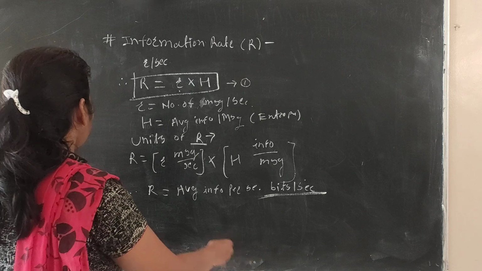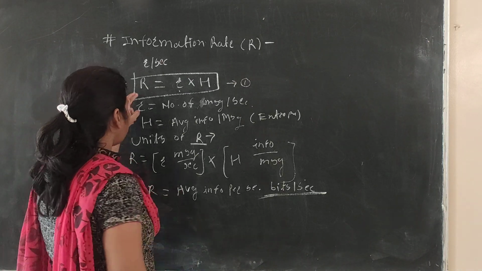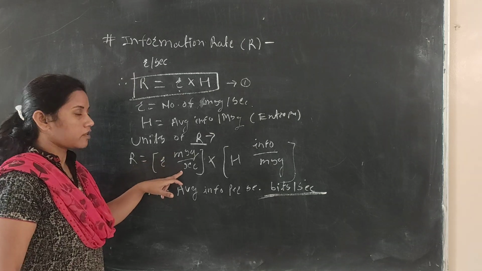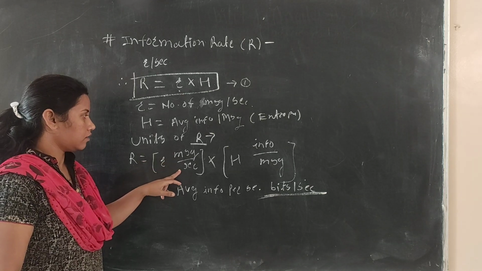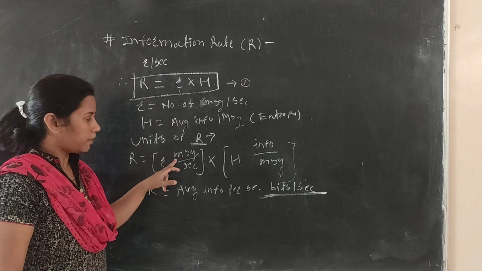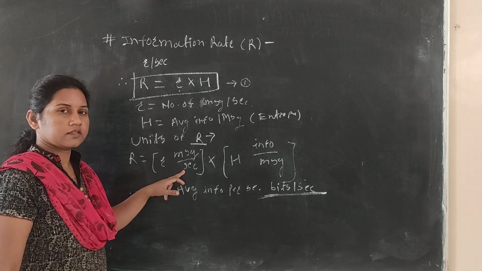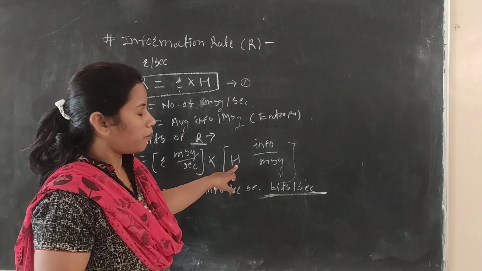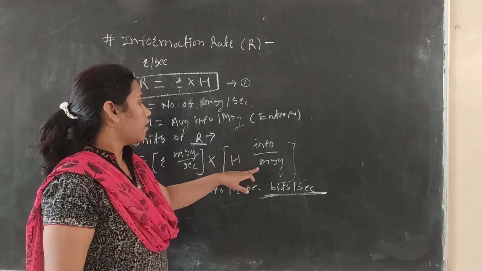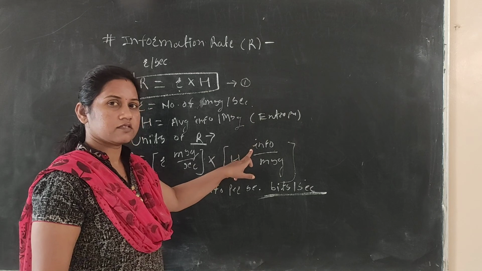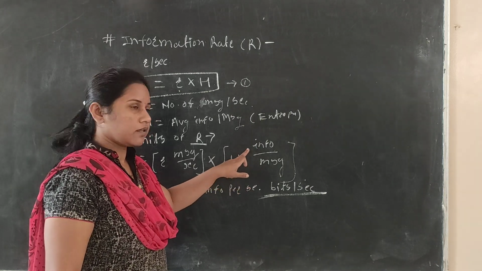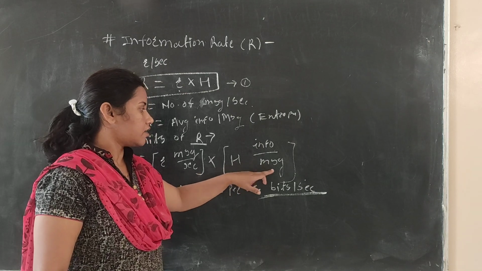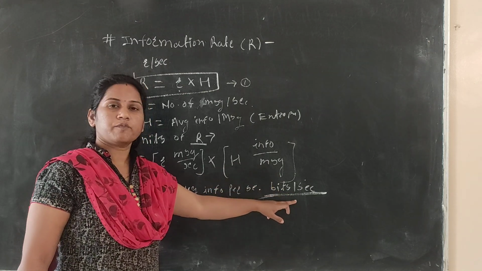As we know, the formula for R: small r is nothing but messages per second, into H, bits per message. Information in each message is calculated in number of bits, and the messages are per second.